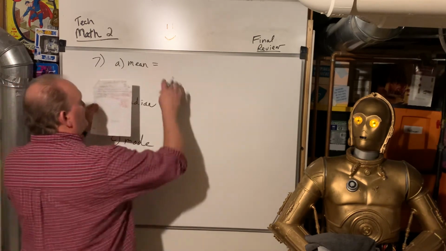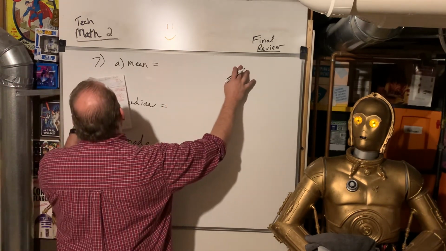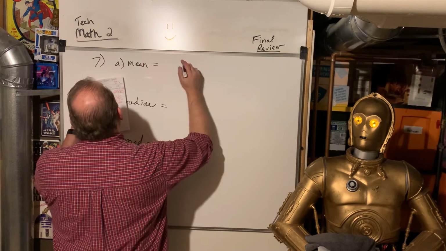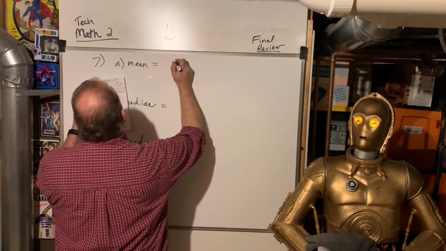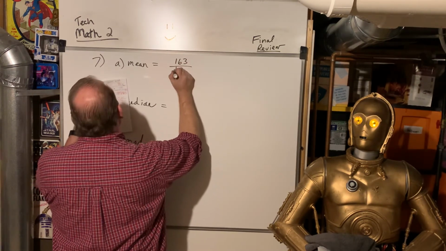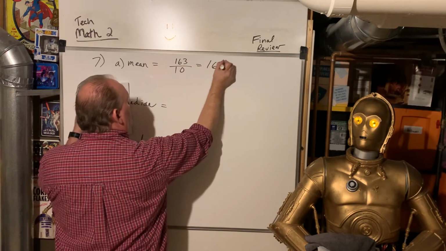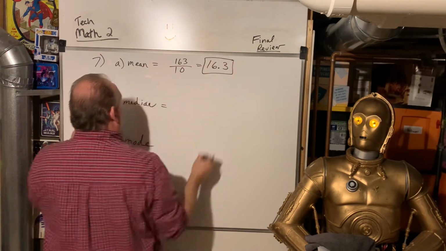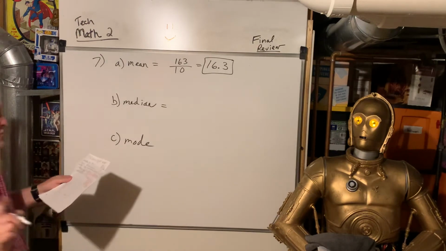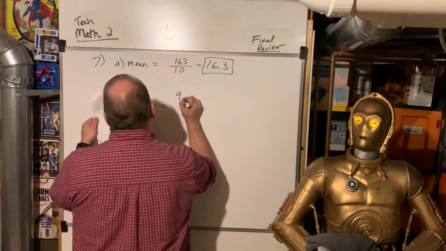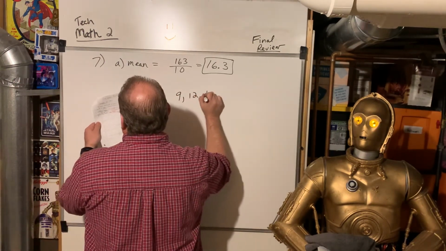So remember, how do we find the mean? We add up all those numbers and then divide by 10. So that turns out to be 163 over 10, which is 16.3. All right. The median is trickier, and a few of you messed that up on the test. Don't mess it up on the final.